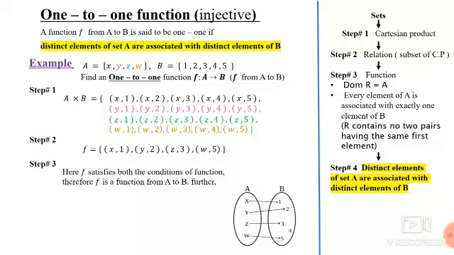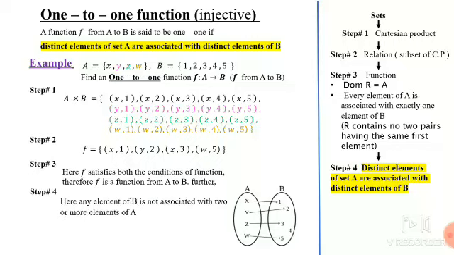Now we will check whether it follows this condition or not. We can see the function which we have considered has different second elements. It means the second elements of all the ordered pairs are different.